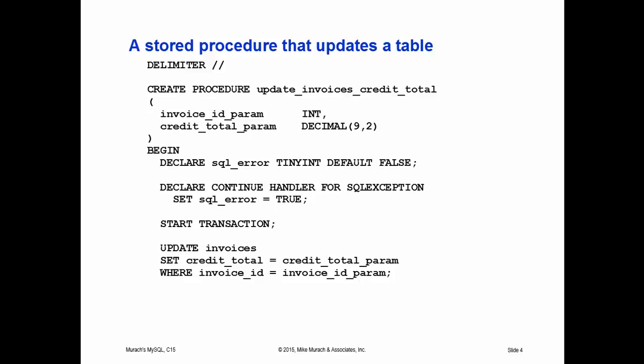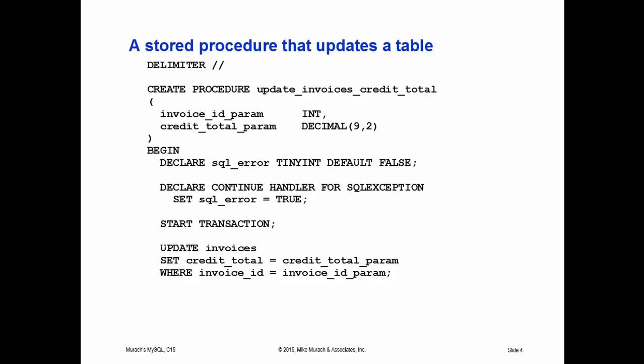We've got a delimiter here, and that is again turning off the special meaning of the semicolon. So we have a procedure. That procedure will have two parameters, an invoice ID parameter, which is an integer, and a credit total parameter, which is a decimal.